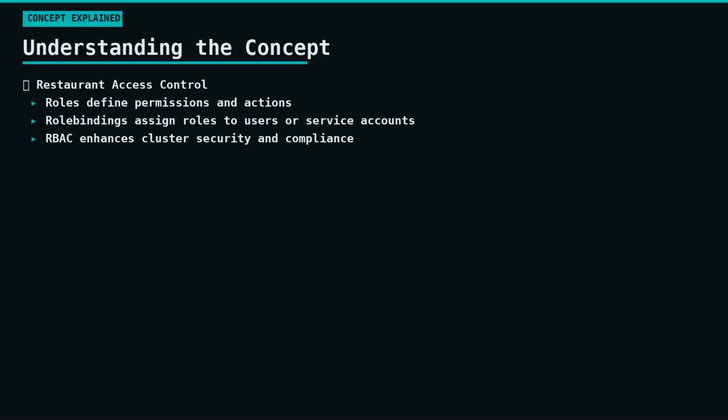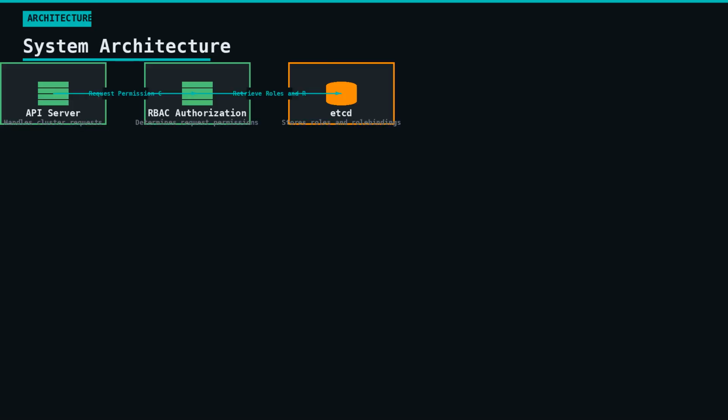Let's walk through the Kubernetes RBAC architecture. At the center, we have the API server, which is like the restaurant's front desk, handling all requests. The API server checks with the RBAC authorization module to determine if a request is allowed. The RBAC module consults the roles and role bindings stored in etcd, the cluster's database.